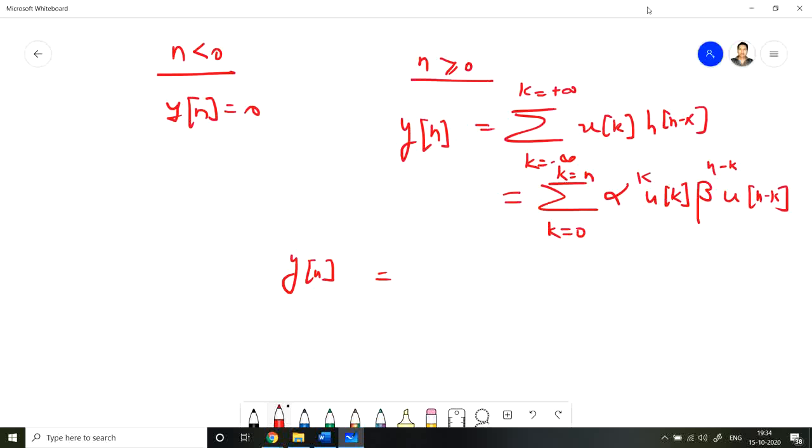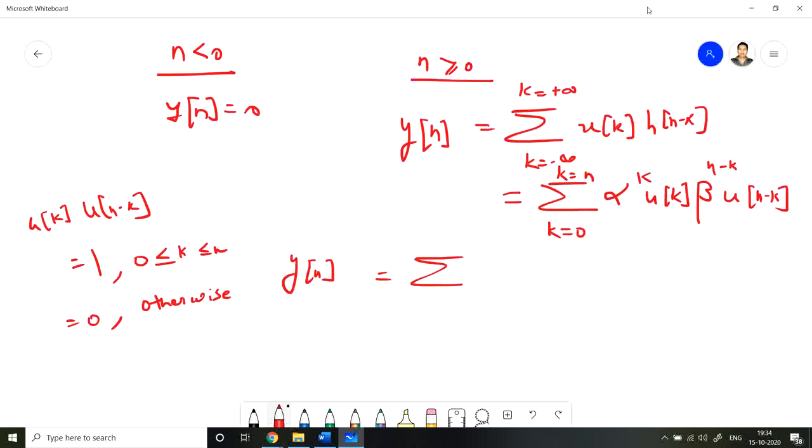Because of this, the product u[k] and u[n minus k] is equal to 1 when we have 0 is less than or equal to k less than or equal to n, and it is equal to 0 otherwise. So these two terms are equal to 1 when k varies from 0 to n.